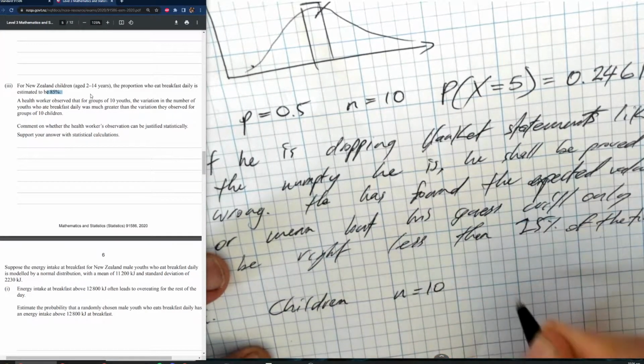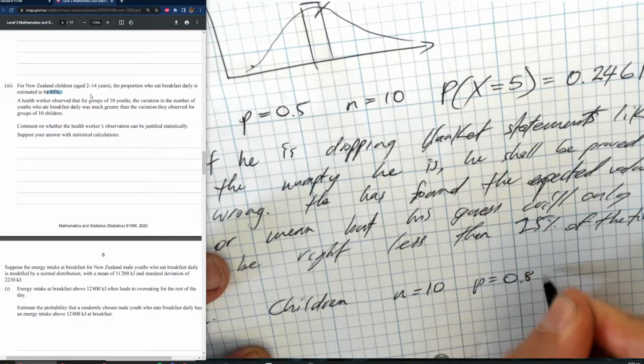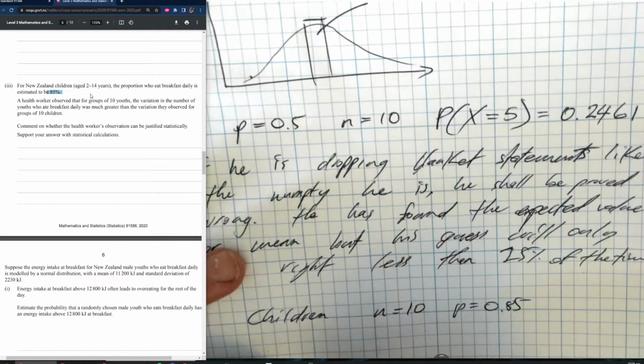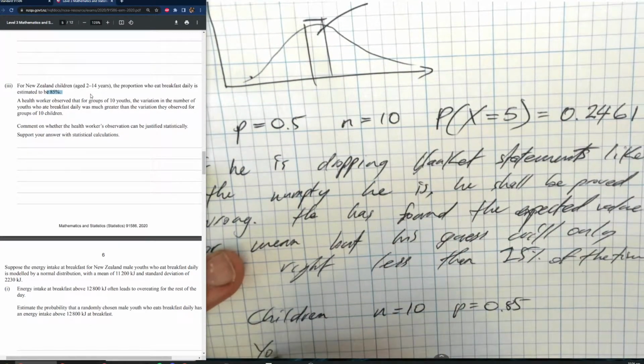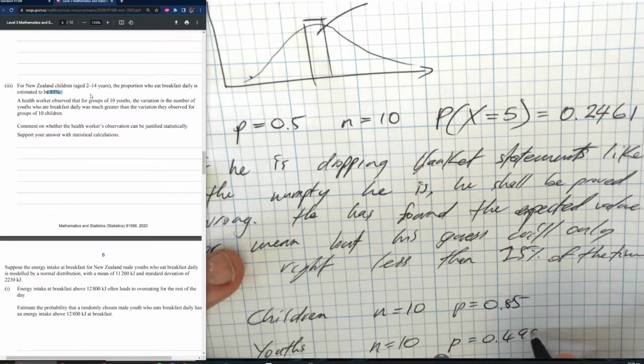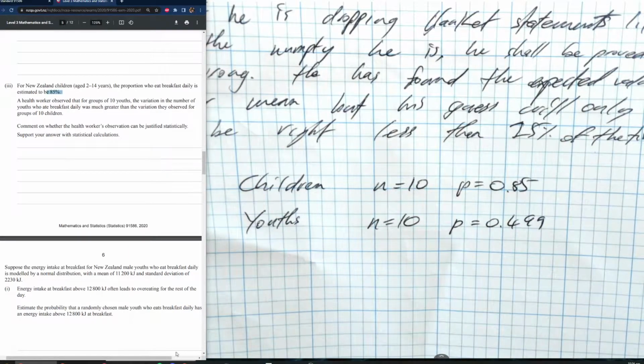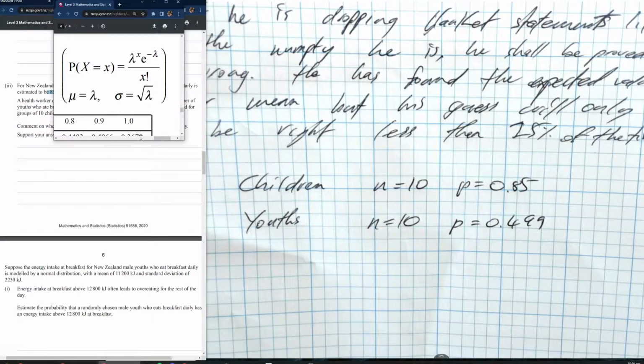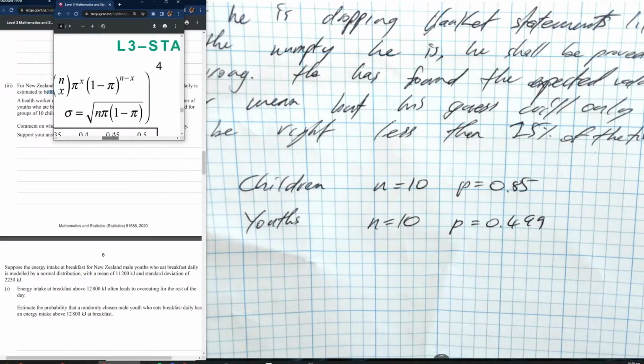N equals 10, P equals 0.85. Oh, right, now youths, we're going to stick with our old one of, let's say N equals 10, because that's what they want us to ask, right? Yeah. And P equals 0.499. So what we could do here is we can get our formula sheet, and I think it's over here.